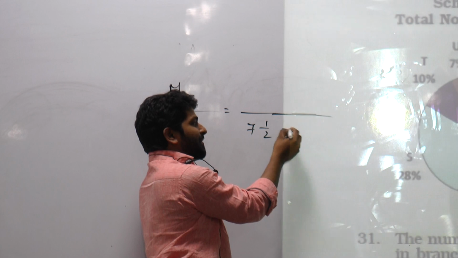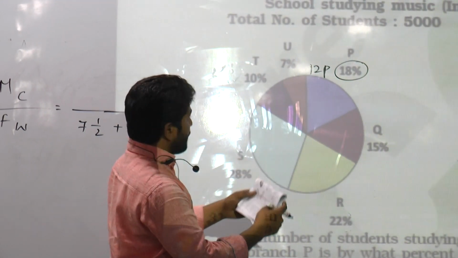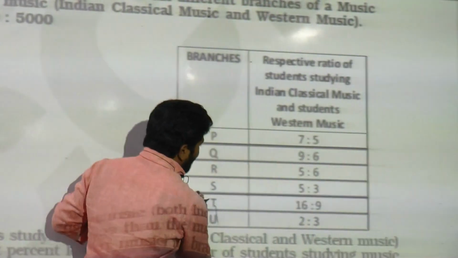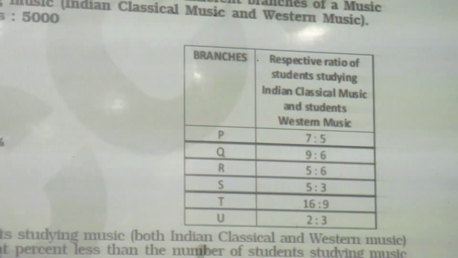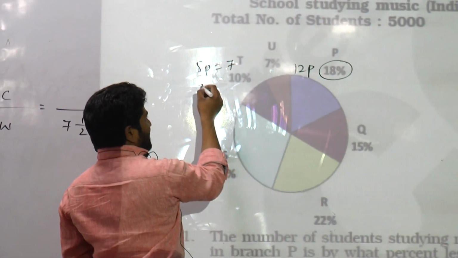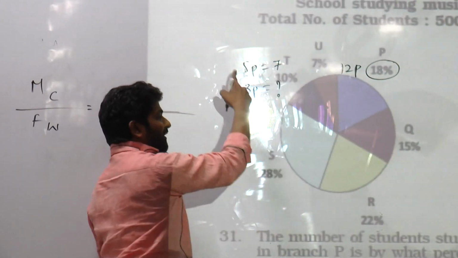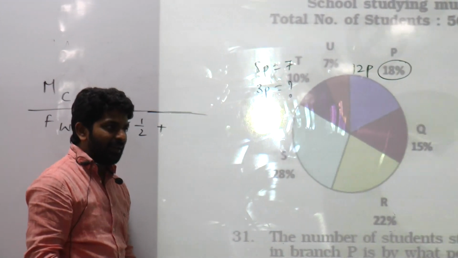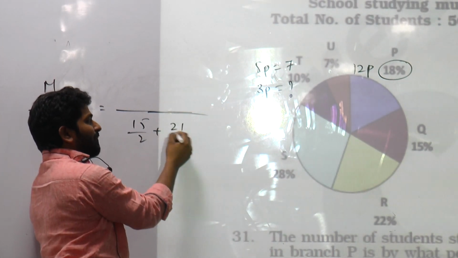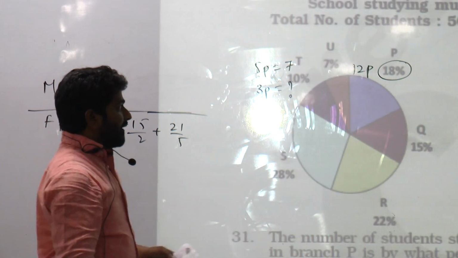So 7.5% plus, and from U total we have 7%. So how many parts do we have? 5 parts. If 5 parts is equal to 7%, female are 3 parts. 3 parts is equal to how much? 21/5. So let me write it as 15/2 and then 21/5. Right. Next.